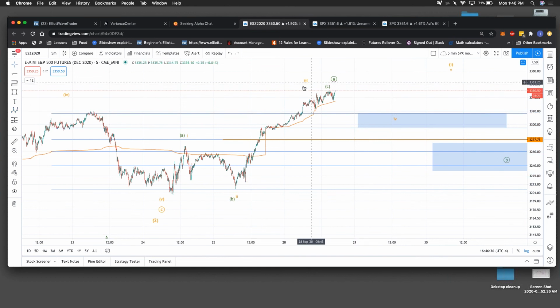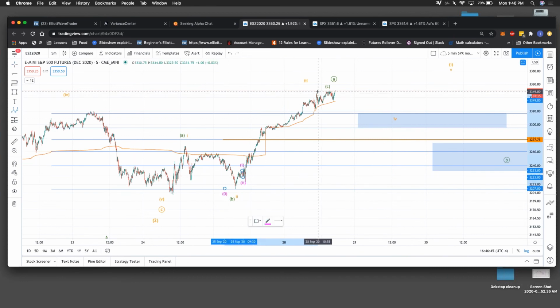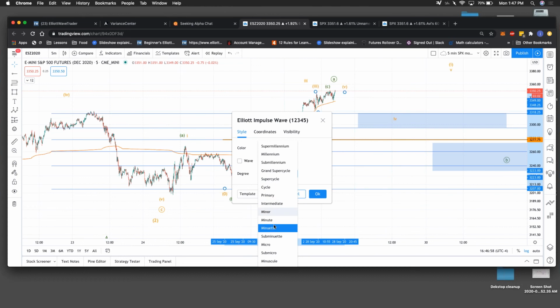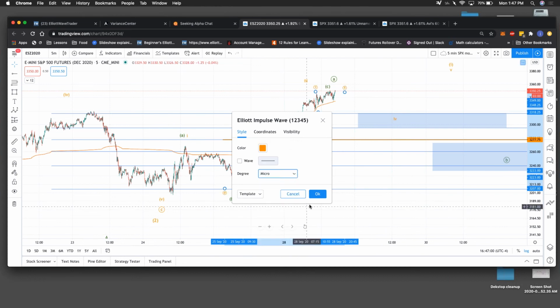Well, let's do it at this degree. Let's see, this is going to be orange, and this is going to be micro degree.